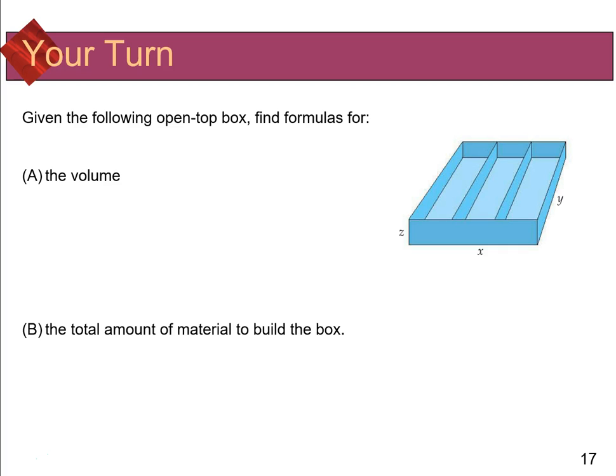So what I want you to do for this is to come up with a formula involving x, y, and z that would represent the volume of this box, and then the amount of material needed to build the box. And just to give you a little hint about that, when you're asked for total amount of material to build the box, they're asking for surface area, which means I'm looking for the total area of the surfaces.